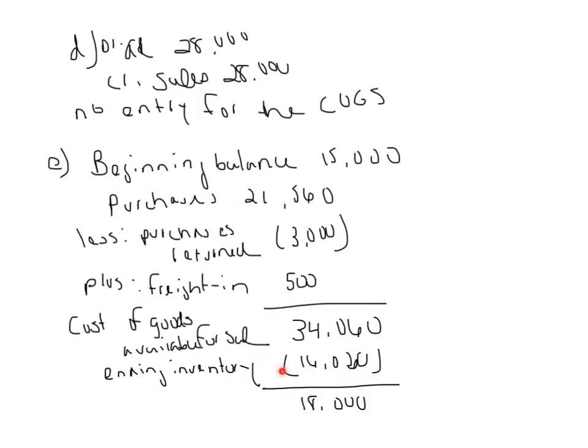We have 16,060 left, so we've got 18,000 used, and this is your cost of goods sold number. With all of this, we end up knowing how much is on our income statement. This is the cost of goods sold that shows up on the income statement, and this is your inventory that would show up on your balance sheet.